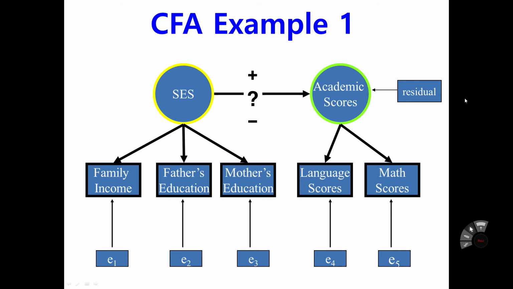So in the confirmatory factor analysis, we will check the size of the association. In this example, 5 factor loadings exist, so we can estimate the size of the statistical association corresponding to those 5 factor loadings. And then we can perform the factor regressions running from socioeconomic status up to the academic scores.